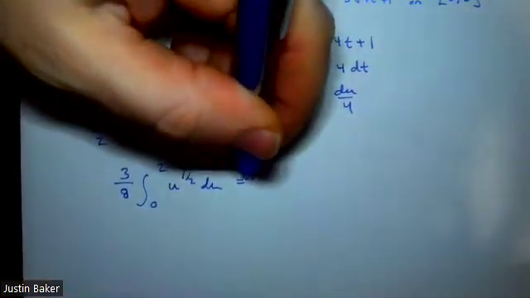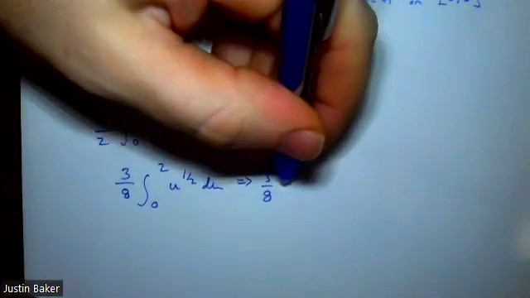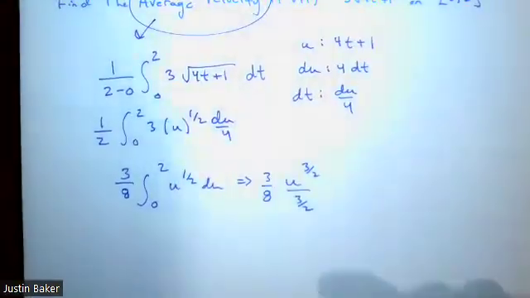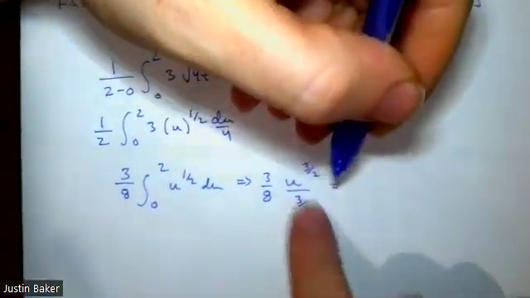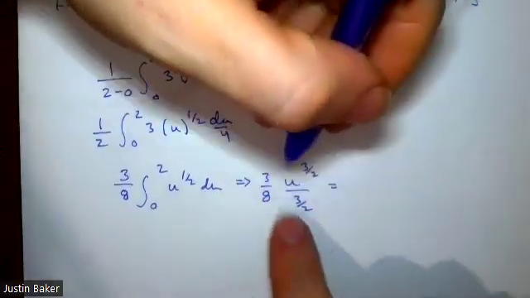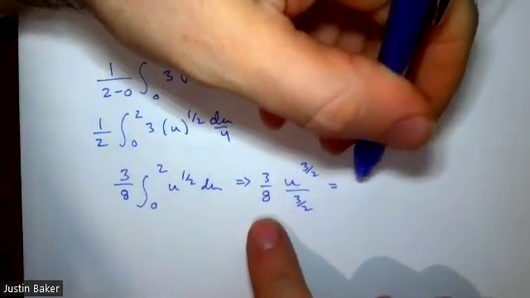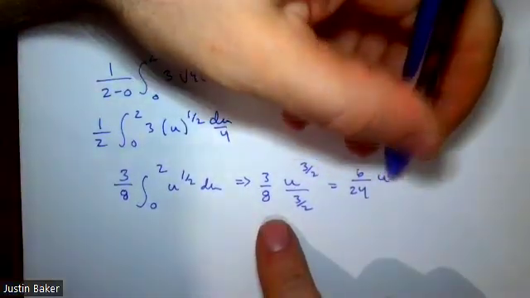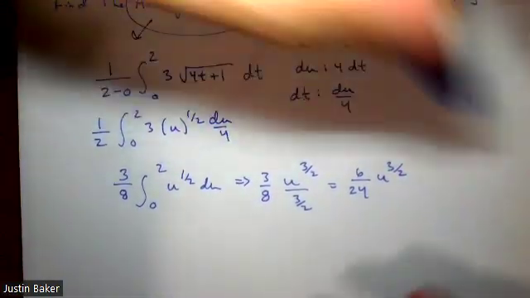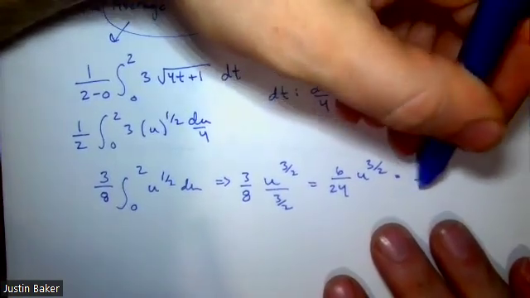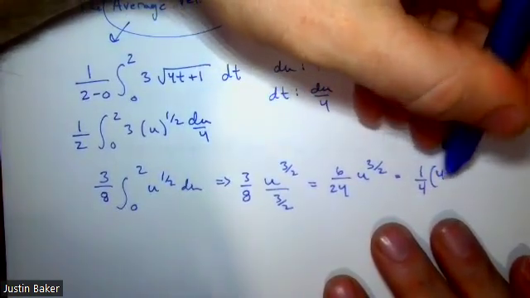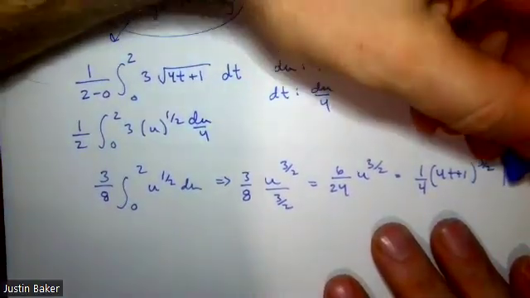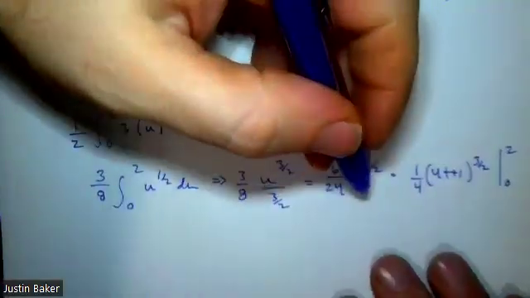Integrate this and we've got 3/8 u to the 3/2 over 3/2. That's really multiplying by 2/3. 2/3 would make 6 over 24 u to the 3/2. That's 1/4 u to the 3/2, and we have bounds from 0 to 2.